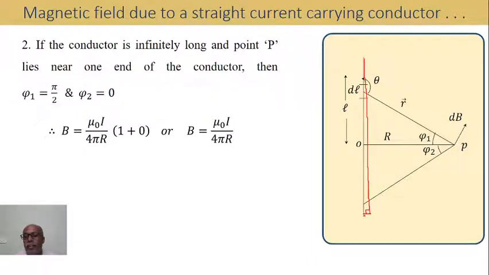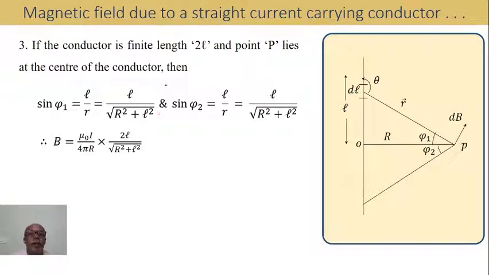Therefore phi 2 is 0 and phi 1 is 90. In that case, mu naught I by 4 pi r into sin 90 plus sin 0, that is 1 plus 0. Therefore B equals mu naught I by 4 pi r is the magnetic field when point P lies at one end of the conductor.